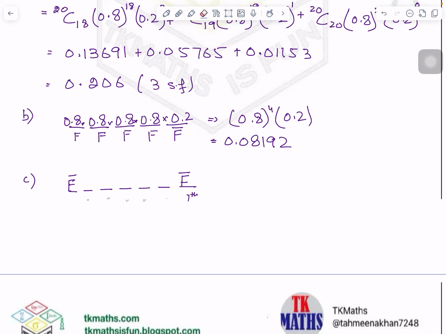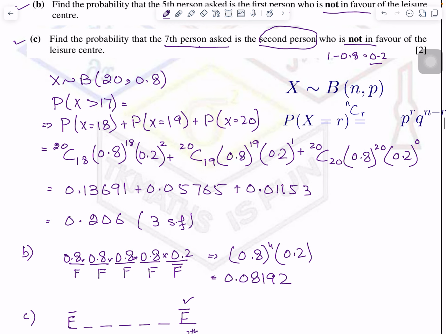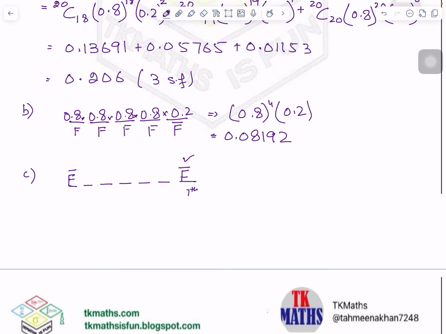So first of all, because this is for sure not in favor, because the question is saying the 7th person is the second person who is not in favor, if this is the scenario, this is 0.2 and this is 0.2. And 1, 2, 3, 4, 5, the rest are 5 people who said I am in favor. This is one scenario. So basically this is 0.8 power 5 into 0.2 power 2.